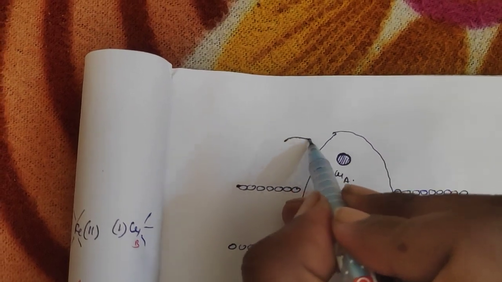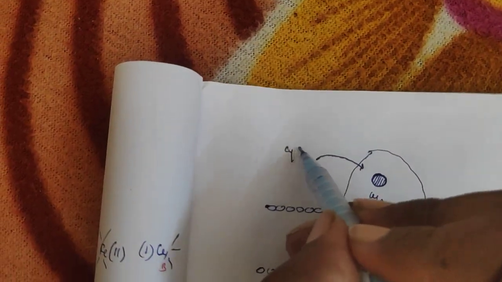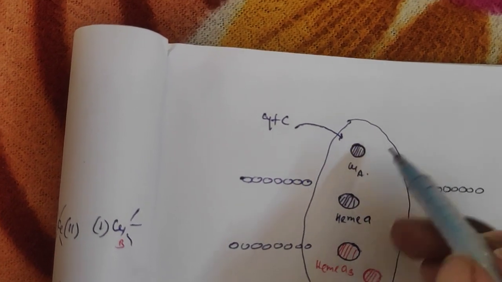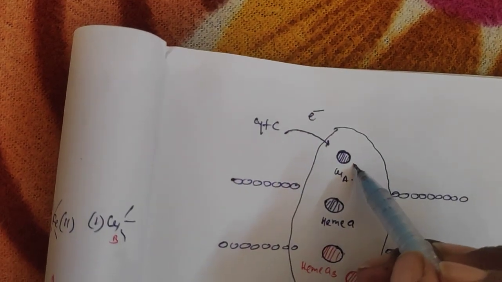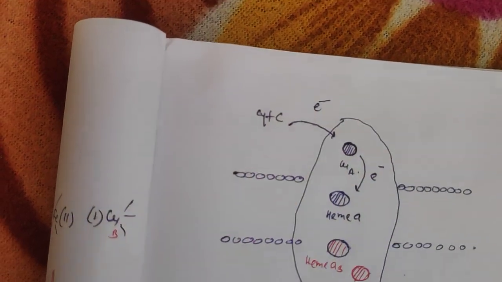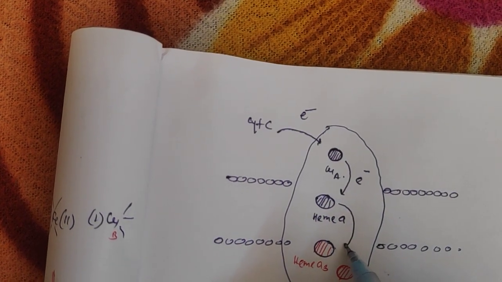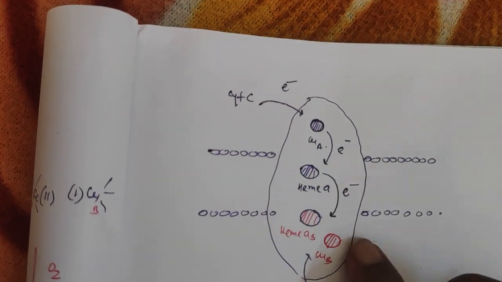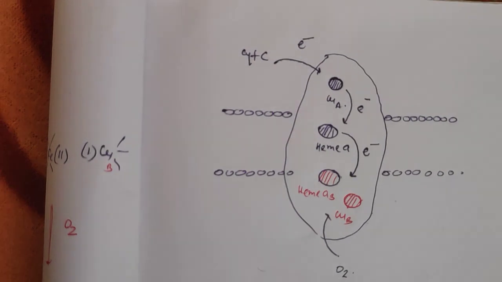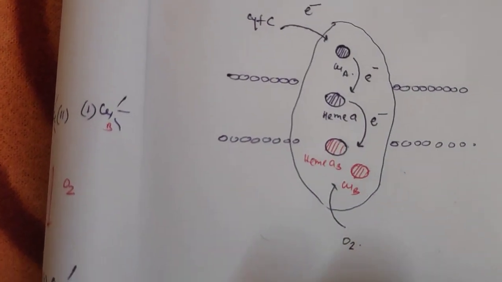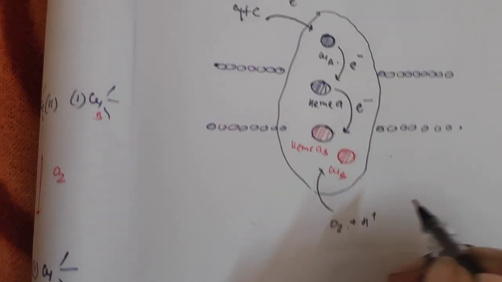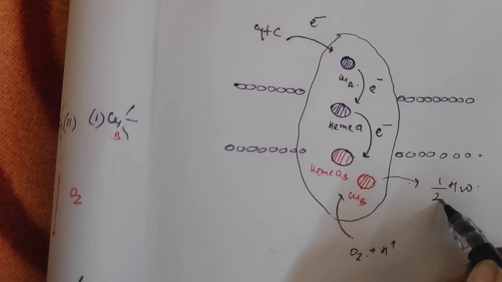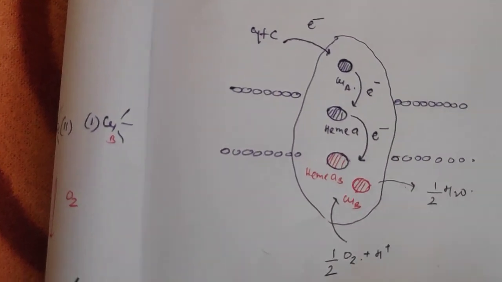So the electron first gets into cytochrome C, then it went to the copper A, the dimetallic system. It will give one electron to heme A, and heme A will give the electron to heme A3 copper B, and in copper B the O2 is also activated, and we are getting O2 plus H plus, H2O, half, to H plus.